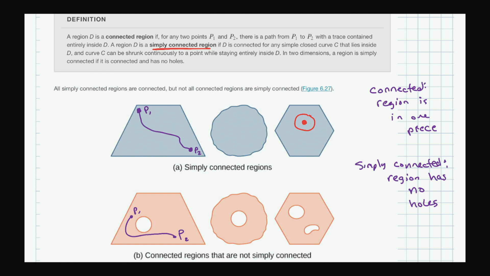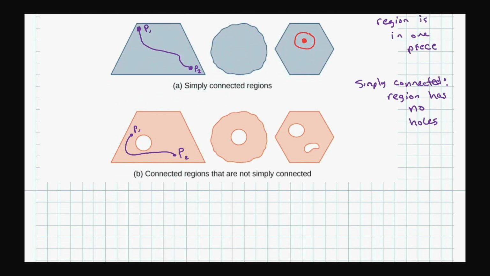And if you shrink that down to a single point, then you don't have to leave the region. And that doesn't work if there's a hole, because if you put the curve around the hole, right, and then you try to shrink it, right, you try to shrink the curve, you're going to end up there. And that is not inside the region, right? This dot here is outside of the region because it's in the hole.